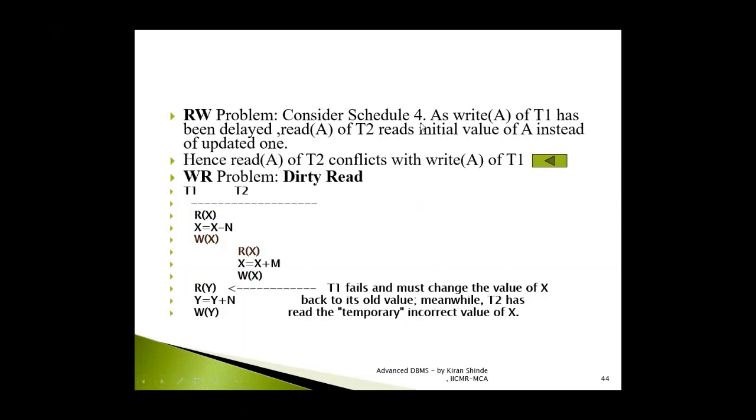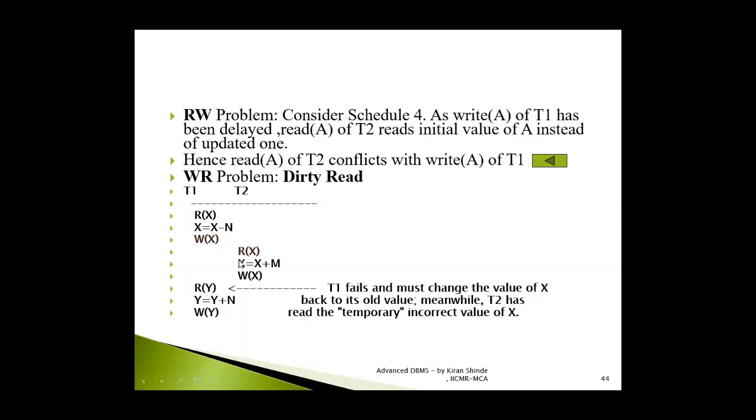Fine. Now let us try to understand the third problem, that is the WR problem, which is called dirty read. Again, I have taken two transactions, T1 and T2. The first transaction has started by reading the value of data item X, then it has modified that value and written it back to the database. After that, T2 has started.